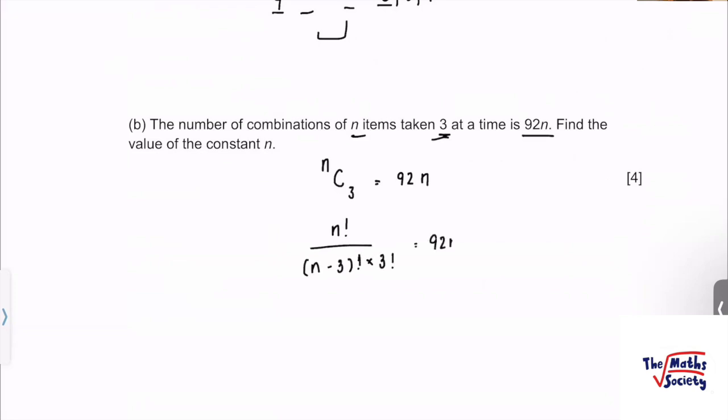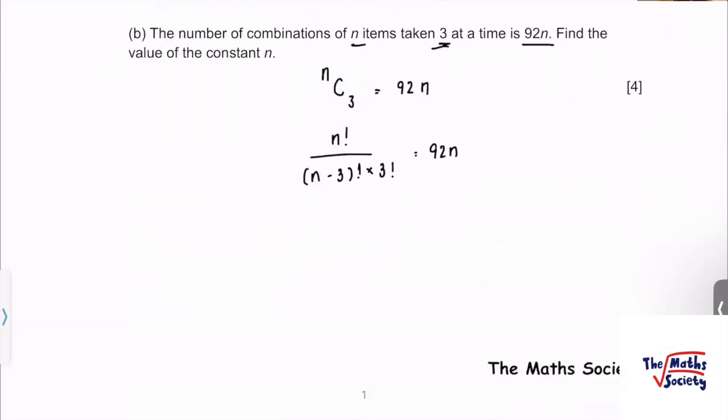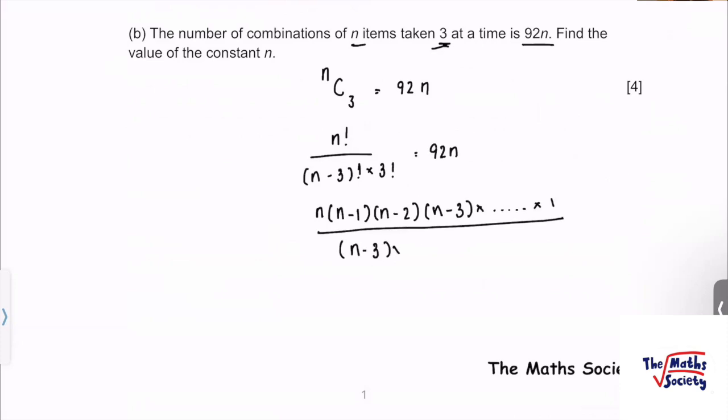That's going to equal 92n. And we know that this is n times n minus 1, n minus 2, n minus 3, and so on, divided by n minus 3 and so on, and it's going to be 3, 2, 1. And that is going to equal 92n.